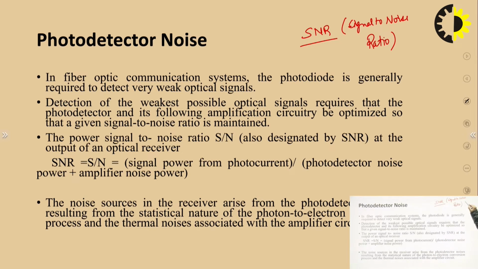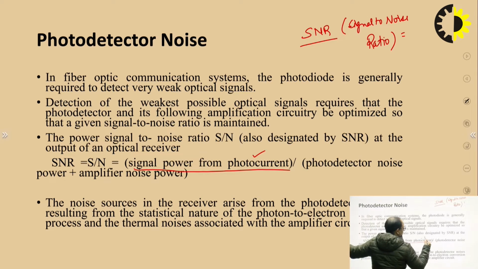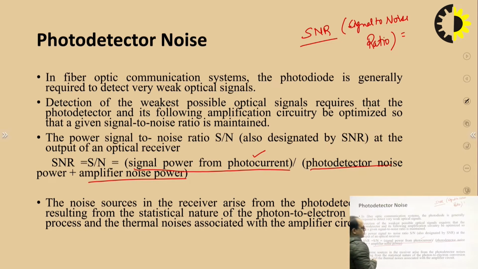This SNR is equal to the ratio of the signal power. In optical communication, it is the signal power from the photocurrent divided by the noise at the receiver, that is divided by the photodetector noise plus amplifier noise power. Clear?